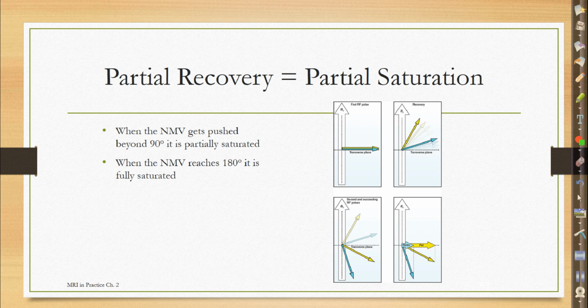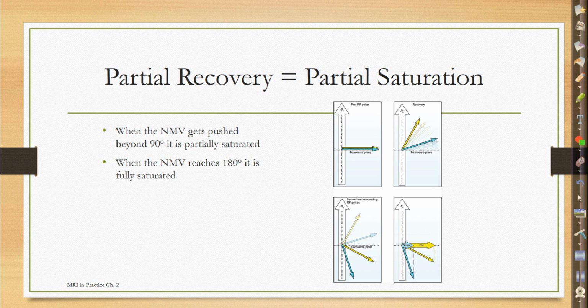The main thing you need to know is partial saturation versus full saturation. Partial is past 90 degrees, and fully saturated is almost inverted: the vector has gone 180 degrees and is pointing down.